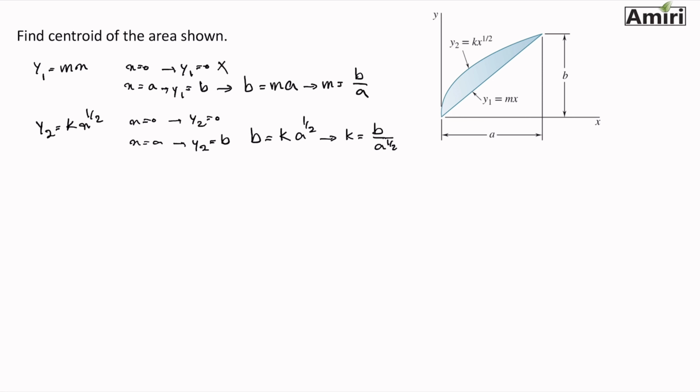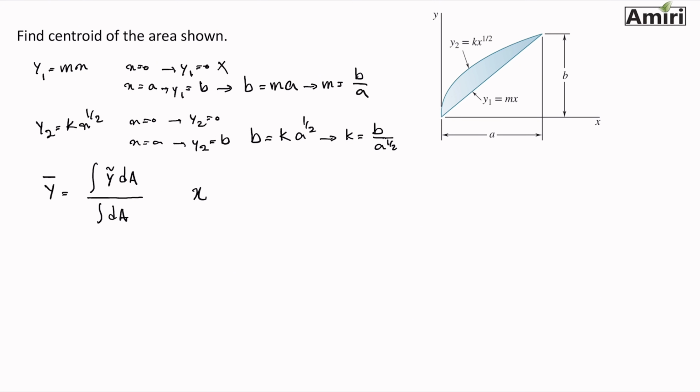All right. Next, let's write the equation for centroid. For y bar, we have the integral of y tilde dA. Some books might write that as y bar as well. That's okay, over the integral of dA.